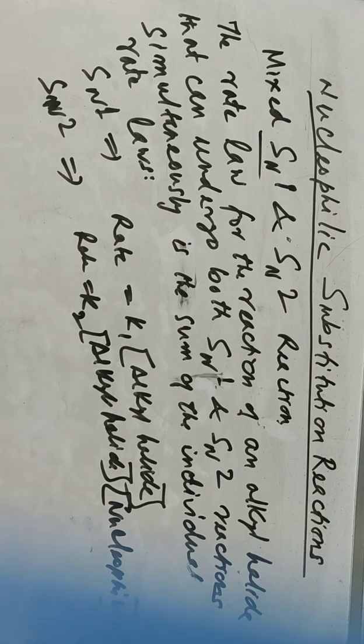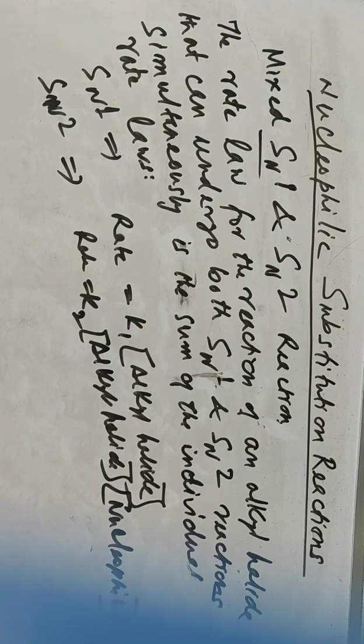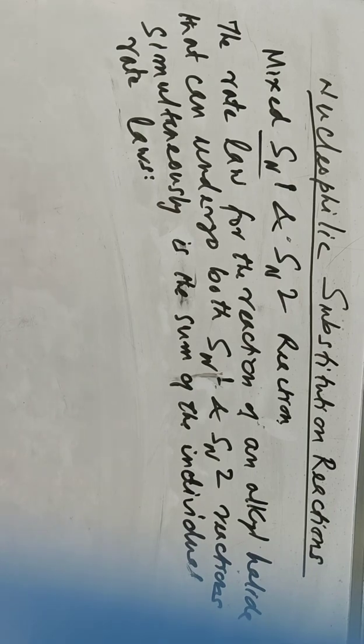So if we mix these two together, we mix SN1 and SN2 reactions, then the rate of the reaction will be a combination of these two. For a mixed SN1, SN2 reaction, the rate law is the combination of the two.